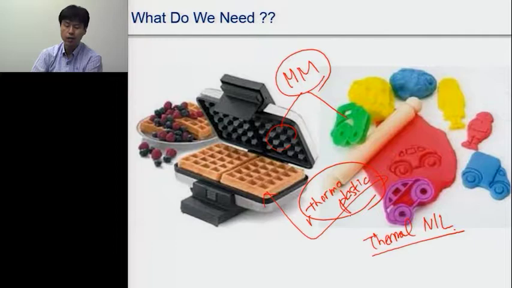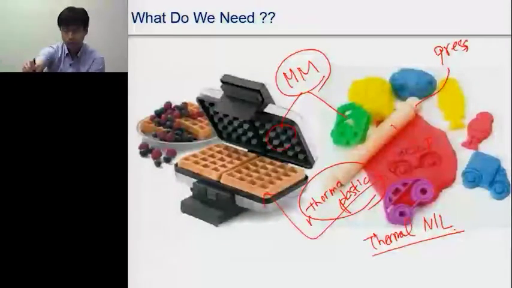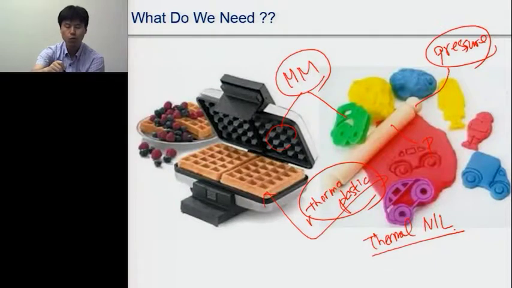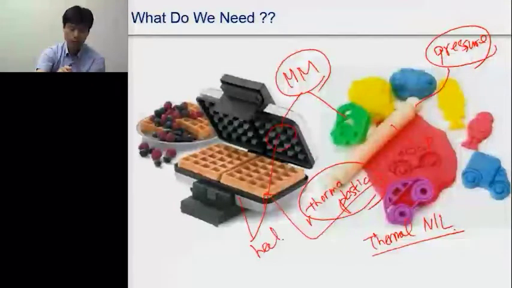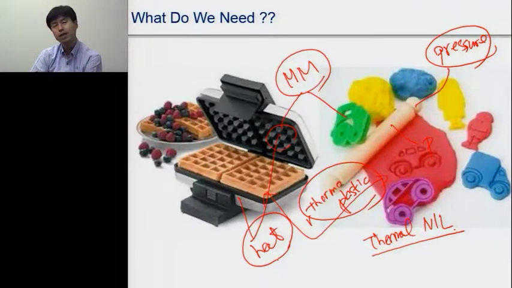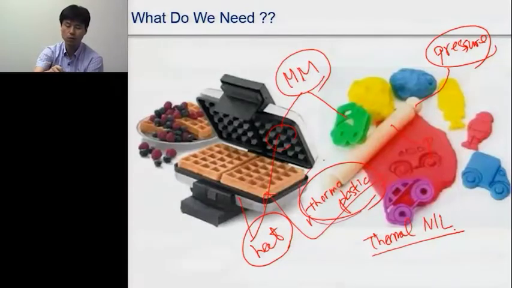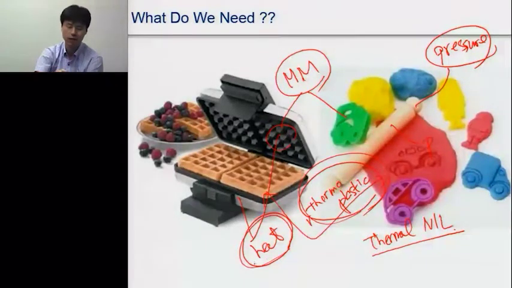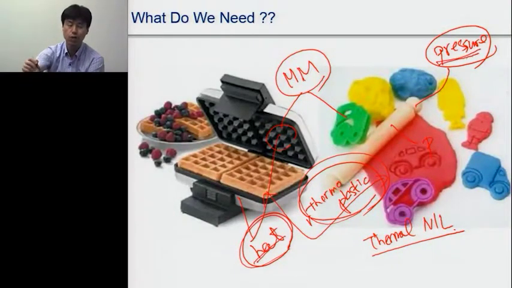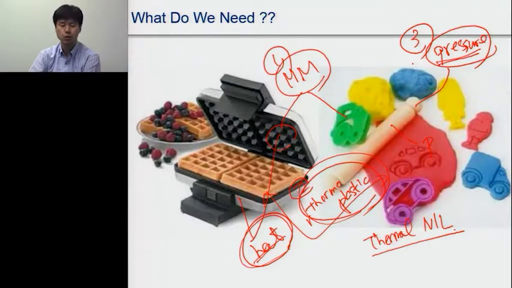And then we need pressure and heat. So we need those three factors: master mold, thermoplastic, and energy like heat and pressure. If we have these three, we can successfully do thermal nano imprinting lithography.